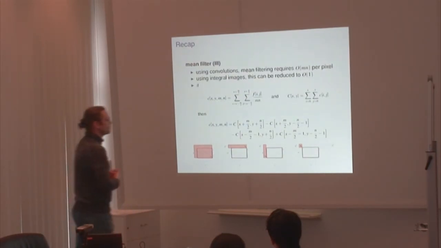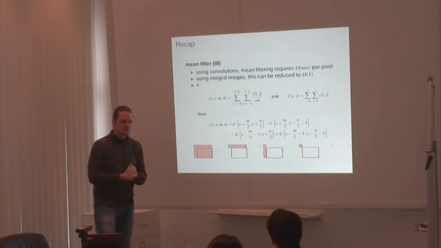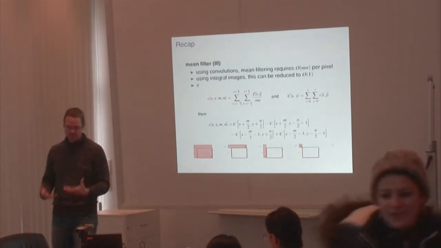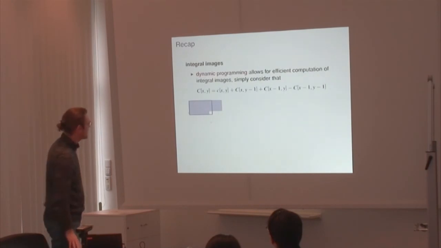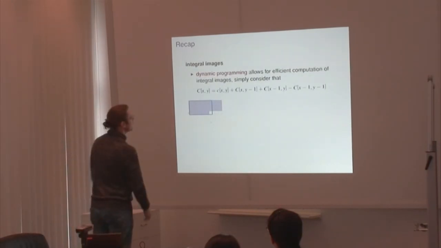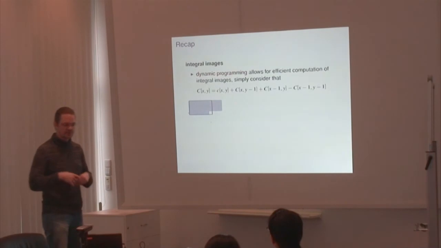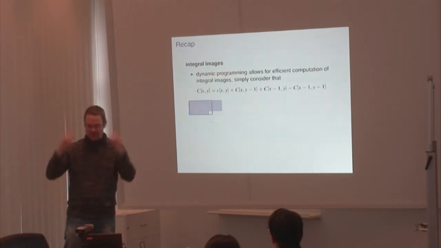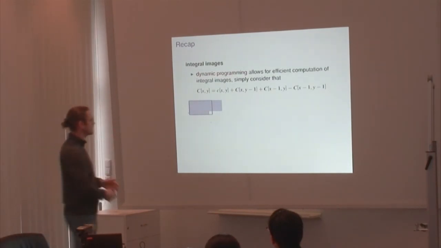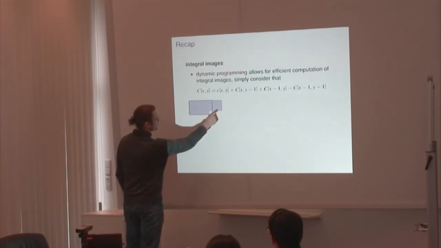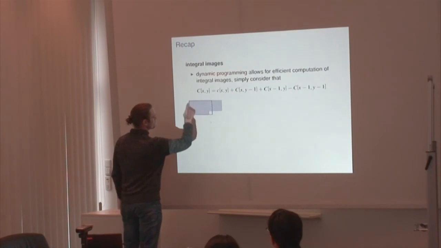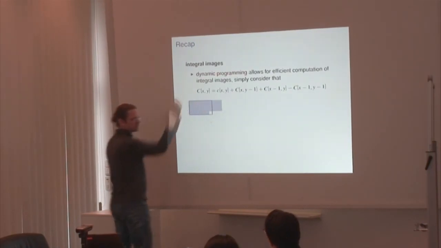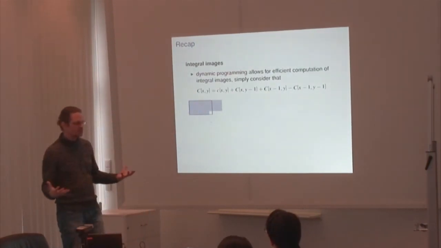Of course, this is only worthwhile if it is not too expensive to create this intermediate result. And so we asked the question, how to compute these images capital C that contain for every pixel, say this one, the sum of all the pixels to the left and on top of it? How to do that efficiently?